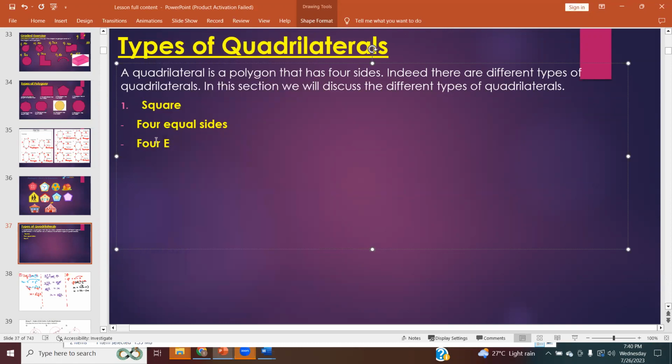I want to emphasize equal. It has to be equal, 4 equal angles. All angles measure what? 90 degrees. Okay.